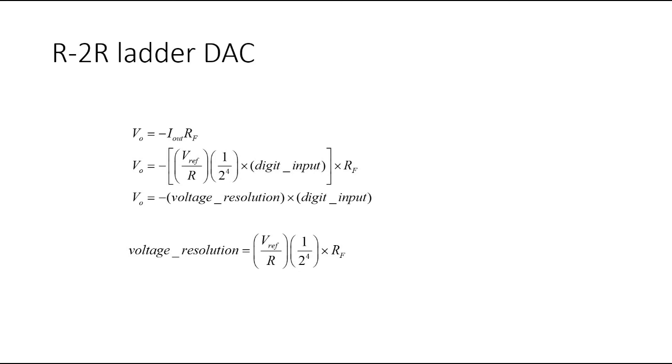So V out kita sama juga equation, equal to negative voltage resolution multiply with digital inputs. So the voltage resolution kita equal to this. Okay, this is our voltage resolution. So current resolution don't have RF lah. So voltage resolution we have RF.